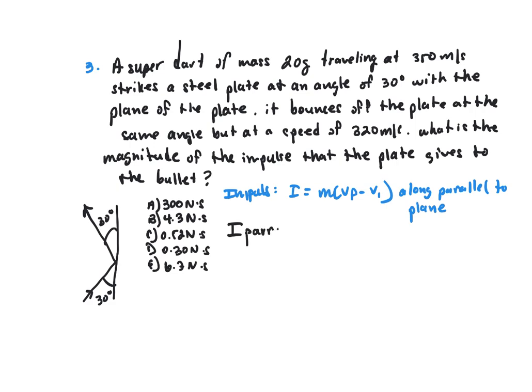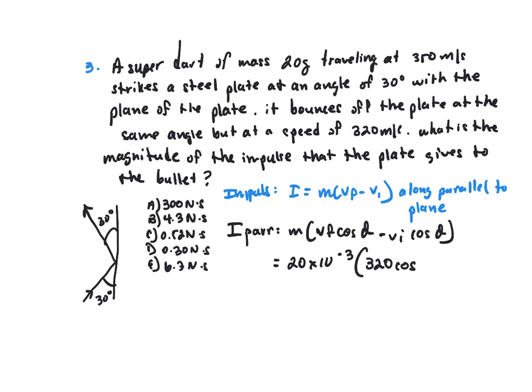Impulse parallel is m times V_f cosine theta minus V initial cosine of theta, which is 20 times 10 to the negative 3 of 320 cosine of 30 degrees minus 320 sine.